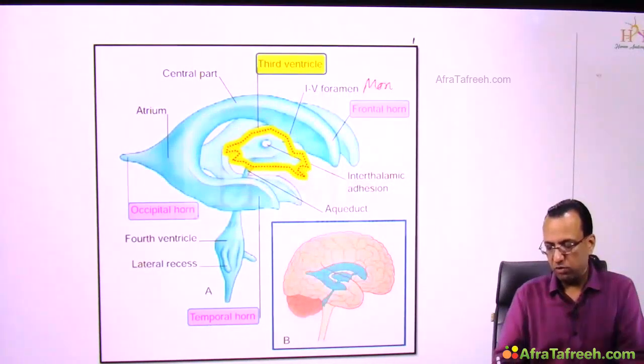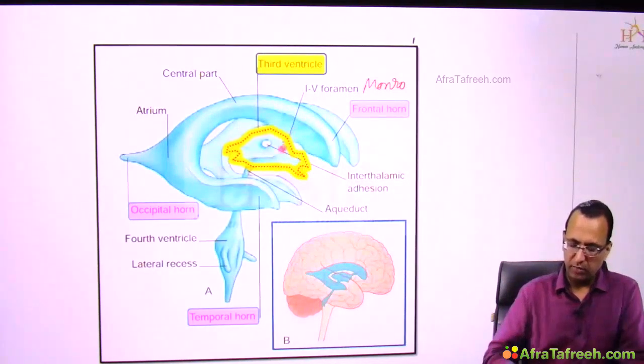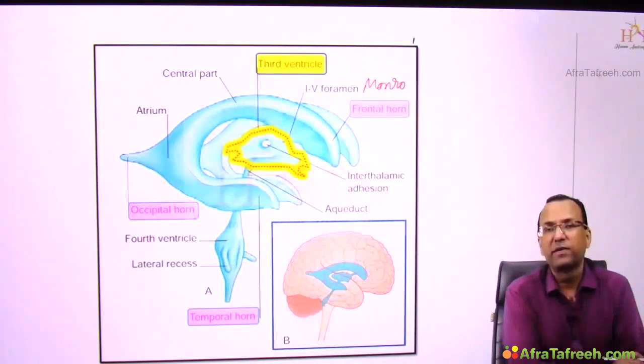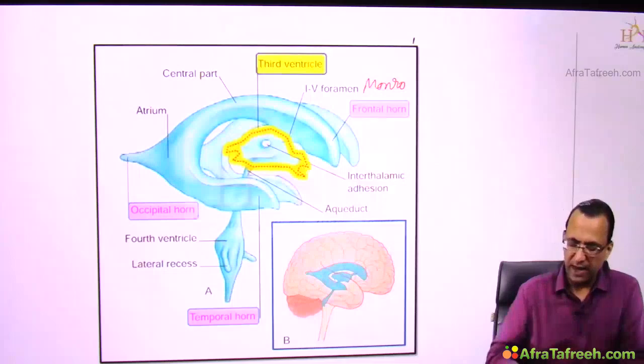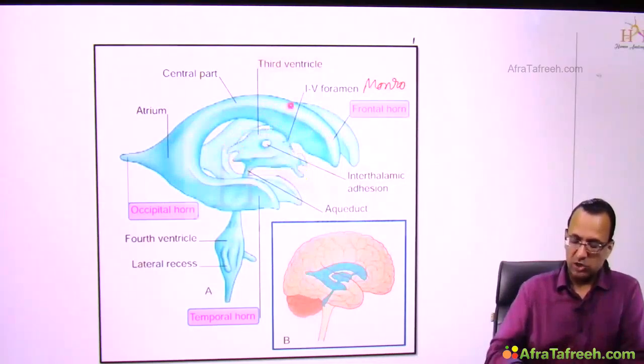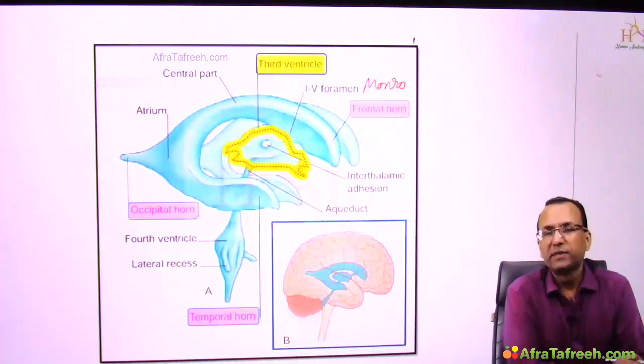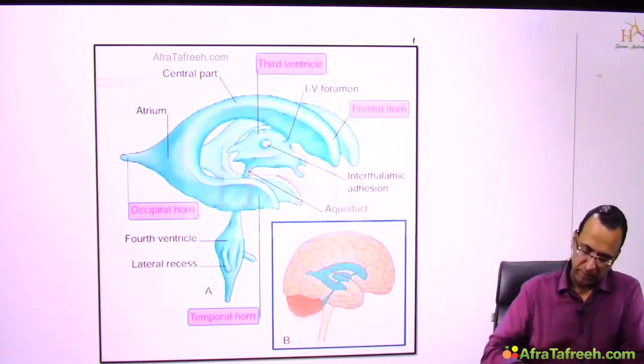Foramen of Monro. So you have the interventricular foramen of Monro, and it is the lateral ventricle sending the CSF into the third ventricle by the interventricular foramen of Monro. And the third ventricle will send the CSF into the fourth ventricle, passing through the cerebral aqueduct of Sylvius.